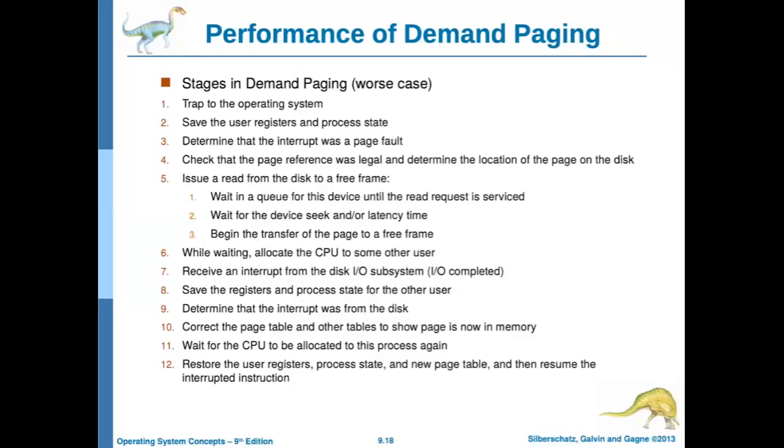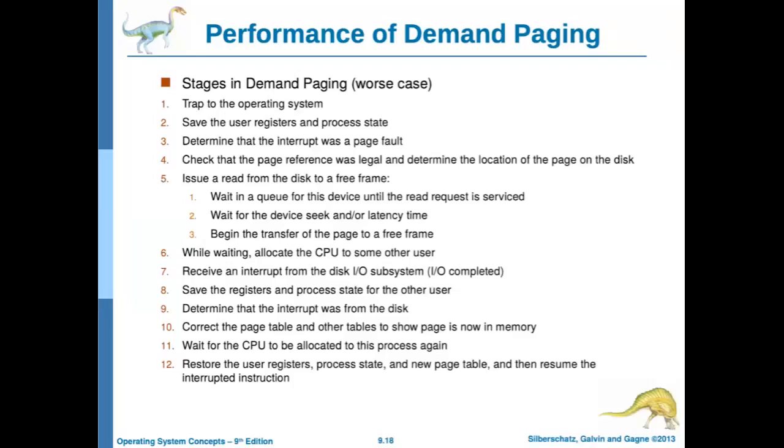Because we want to copy something from disk to memory, and disk is slow, right? So some sort of waiting time, seek latency time, is required there. Then it will begin the transfer of the page to a free frame.